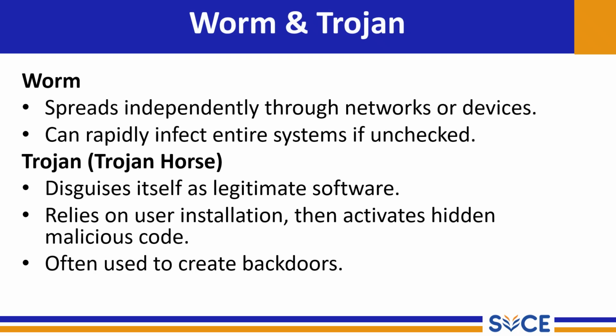Next are worms and Trojans. Here, a worm spreads independently through networks and devices. Unlike traditional viruses, worms can operate independently as well as propagate themselves, exploiting vulnerabilities in software or operating systems.